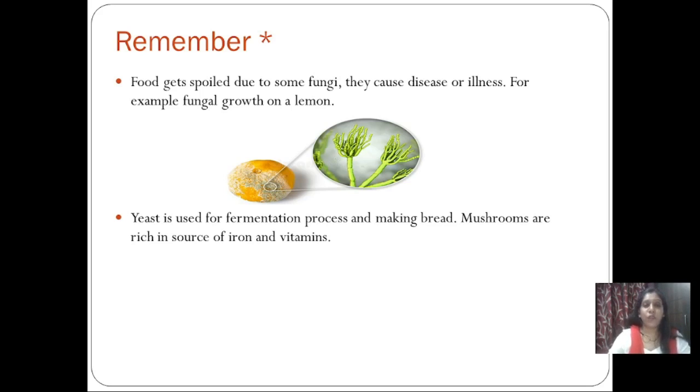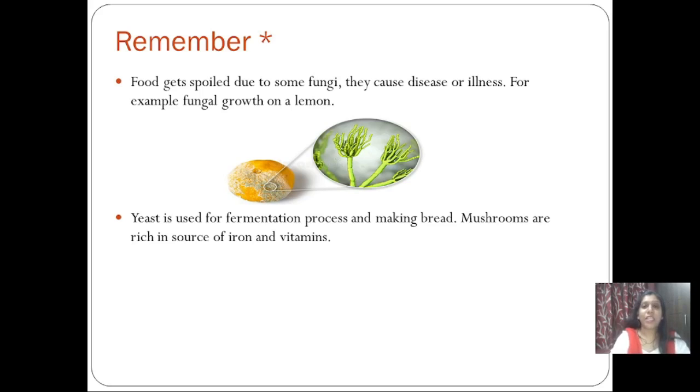But there are a few fungi which are very important. Yeast is one of them because it helps in the process of fermentation, and also yeast helps us in baking bread. Mushrooms are a rich source of iron and vitamins. That does not mean, children, that you go around in the forest or your vicinity and take the mushrooms and eat them.